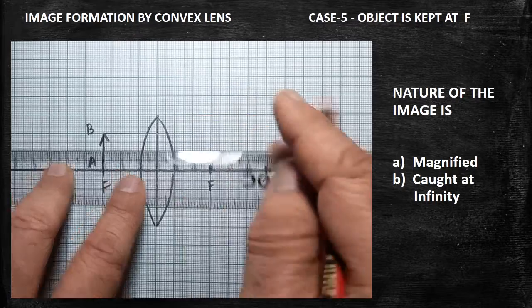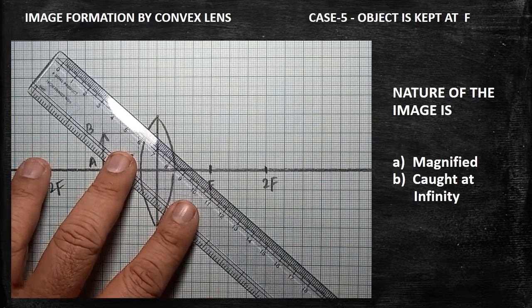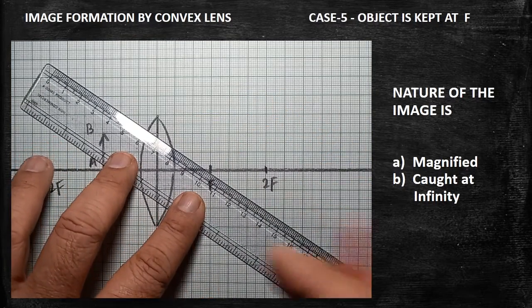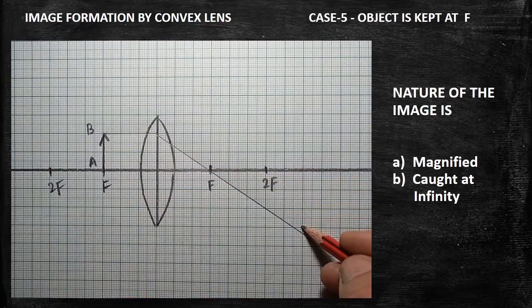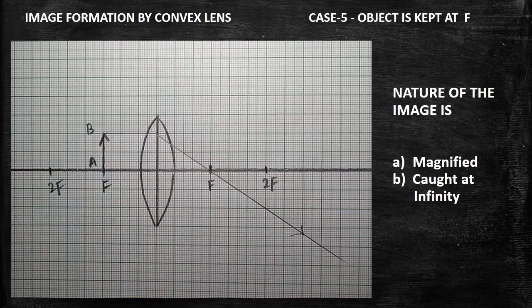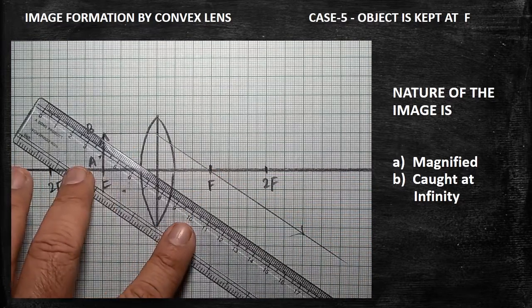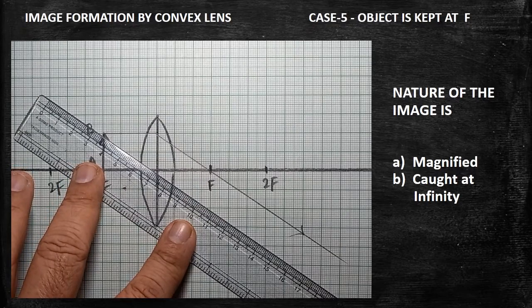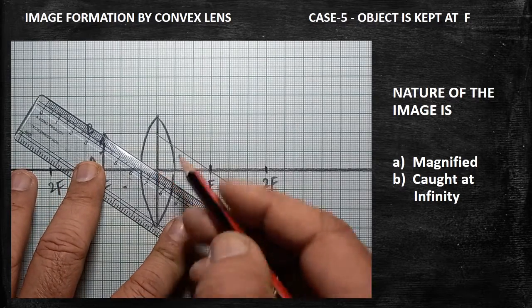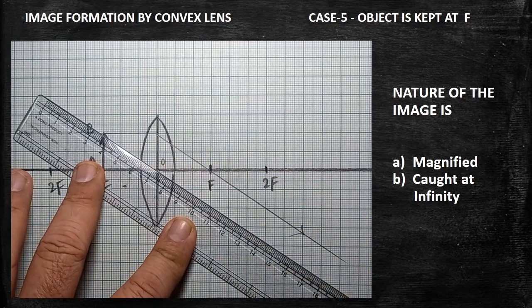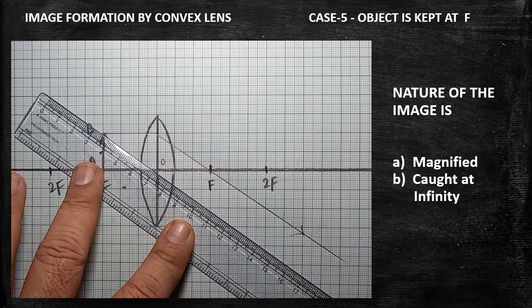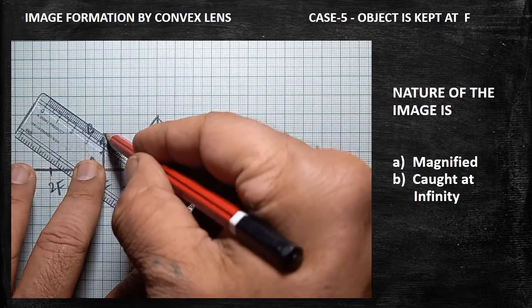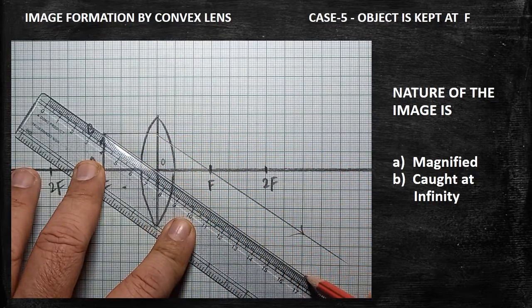You know very well that after getting refracted, that one will pass through F. So this is the refracted ray. One more ray is drawn from the head of the object passing through the center of the lens. Now this ray travels without any deviation.